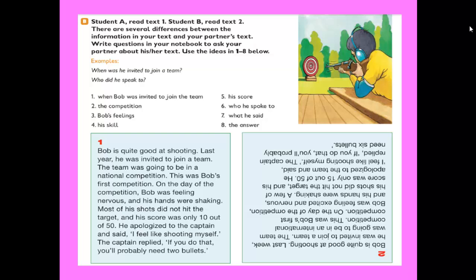On the day of the competition, Bob was feeling excited and nervous, and his hands were shaking. A few of his shots didn't hit the target, and his score was only 15 out of 50. He apologized to the team and said, "I feel like shooting myself." The captain replied, "If you do that, you'll probably need 6 bullets."